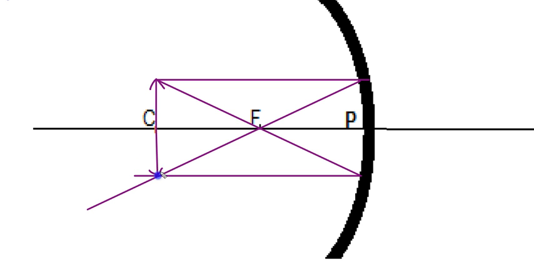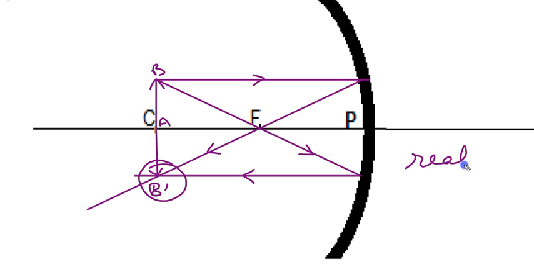So here it is. If it was A and B, then B becomes B dash here, and A remains here only. So this is your first ray of light, parallel, passing through F. This was second, passing through F and becoming parallel. So here the image is real, because actually these rays of light are meeting.